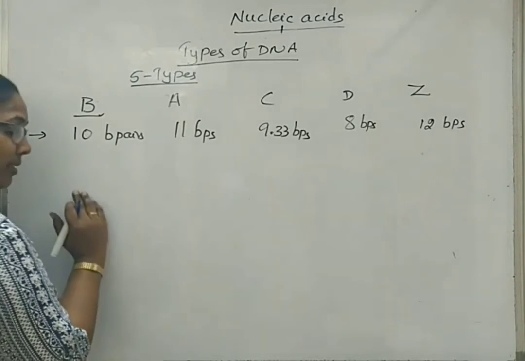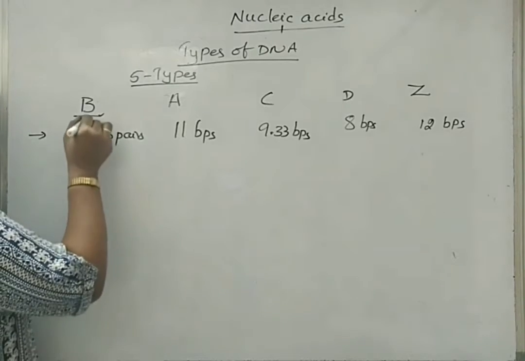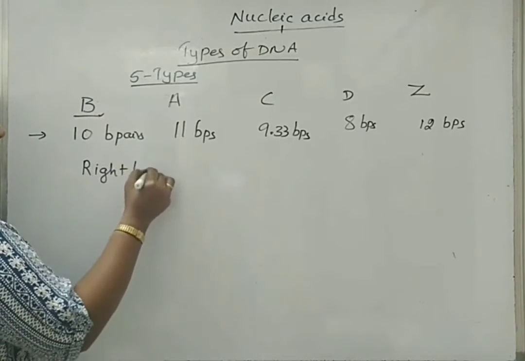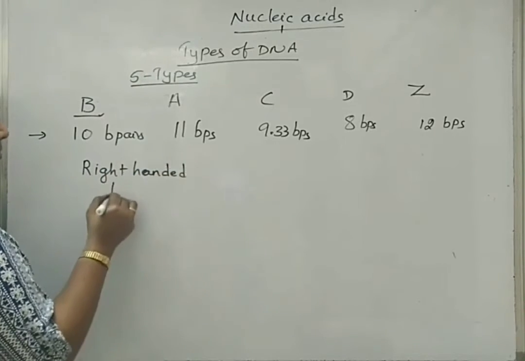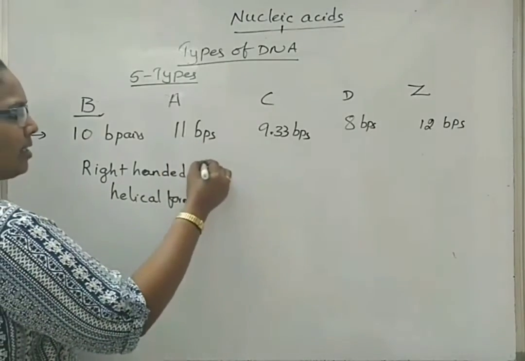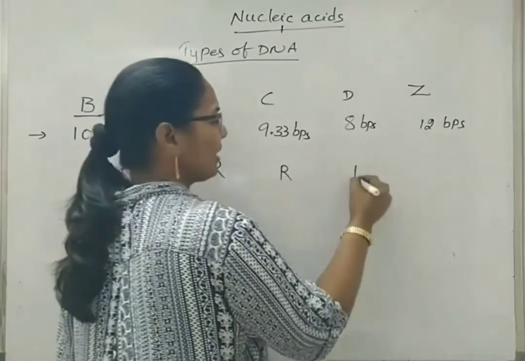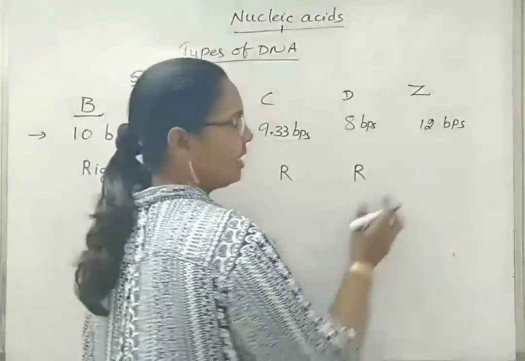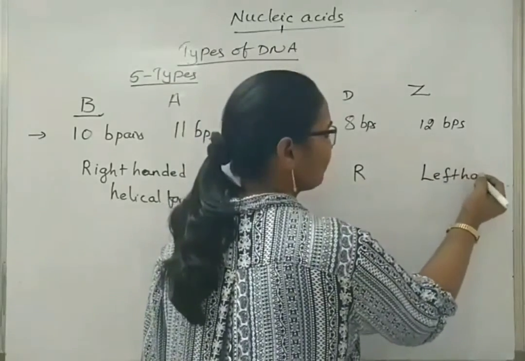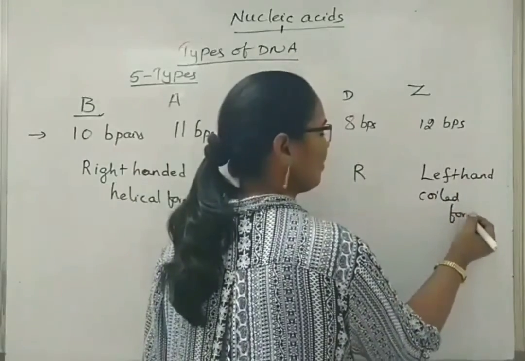Then the direction of coiling of all these types of strands. B DNA is said to be a right-handed helical form. A DNA is also right-handed helical. C DNA is also right-handed. D DNA is also right-handed. But Z DNA is considered to be a left-handed coiled form.